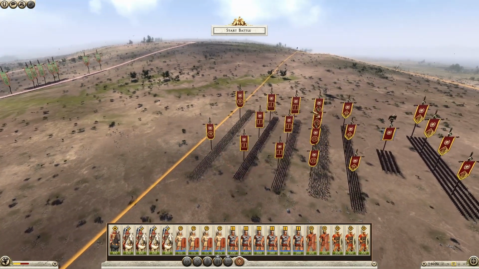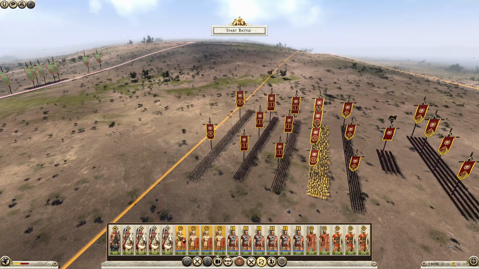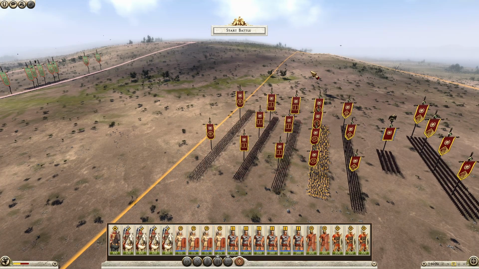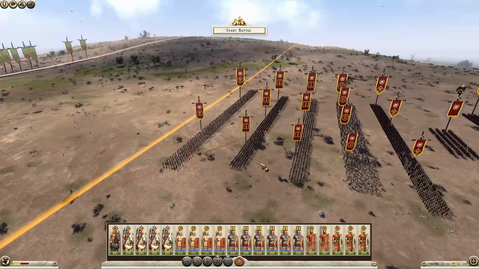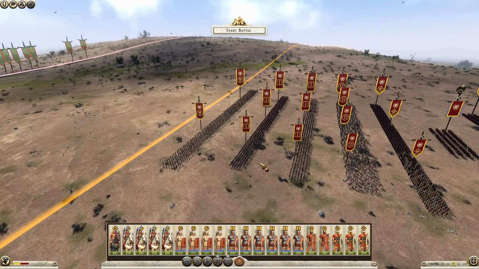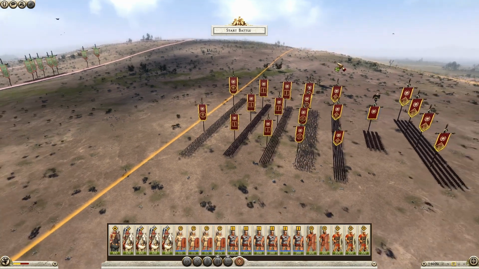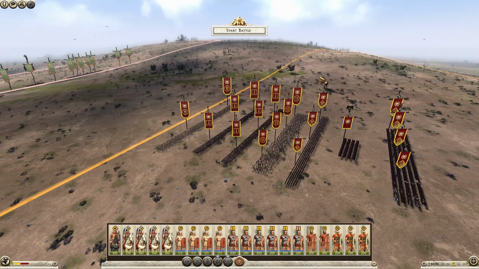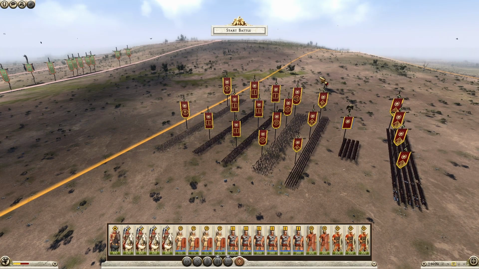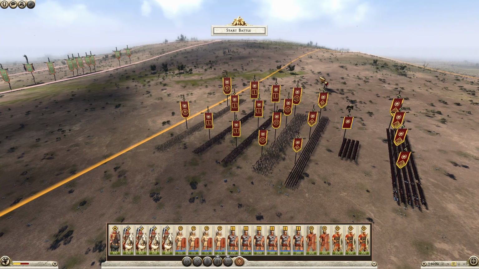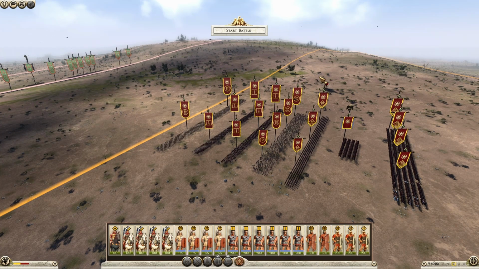At the ranged unit back here, I will use the Velite. The Velite is the best ranged unit in the base Roman unit roster, but you will have better ranged units as you have access to more auxiliary or regional recruitment units, like the crossbowman, the Cretan archer, the Rhodian slinger or the Balearic slinger.